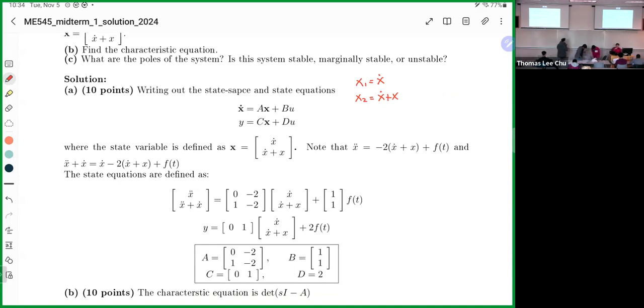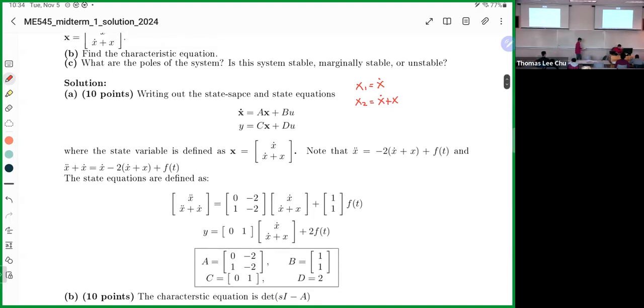You might have noticed this in MATLAB. Even the way MATLAB defines state variables is very different from how I define it. That's why in one of the homeworks, when you were doing initial condition responses, you saw this huge value, because I gave you initial conditions based off of my definition and not based off of MATLAB's definitions.